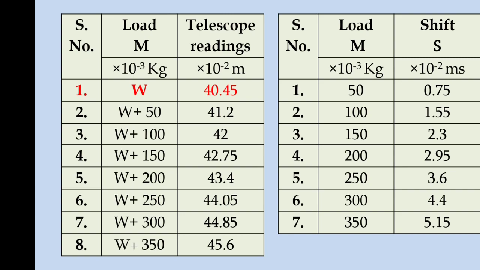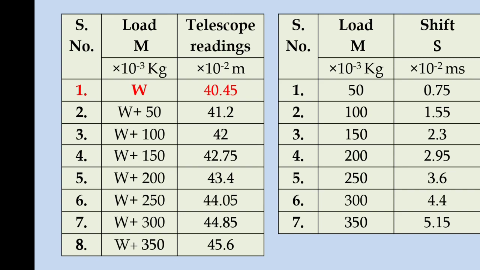First subtract W plus 50 minus W, that is 41.2 minus 40.5, you will get the shift for 50 grams as 0.75. Then W plus 100 minus W, that is 42 minus 40.5, you will get the shift as 1.55. You subtract the dead load from every load reading, and you will get the shift for 50, 100, 150, 200 till 350.